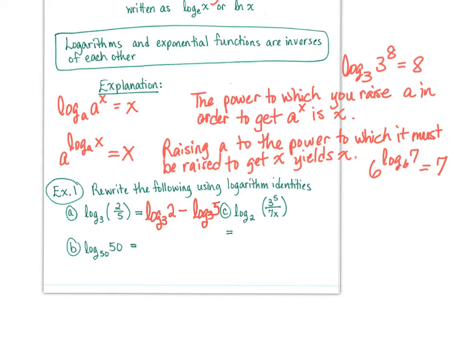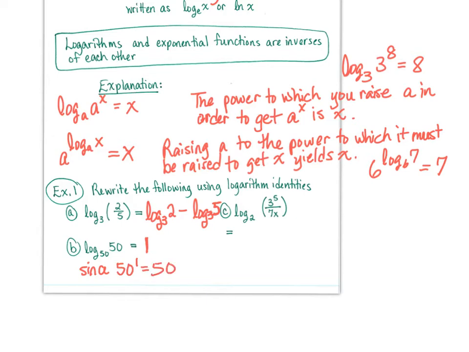Part B says we want to find the log of 50 base 50. Look back on page 1 and you can pause your video to find out which identity we're using. You should see that we're using identity 4. So the log of 50 base 50 is equal to 1, since if we take our base 50 and raise it to the 1, we get 50.